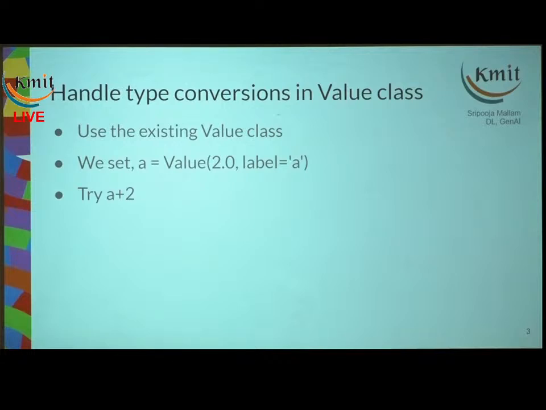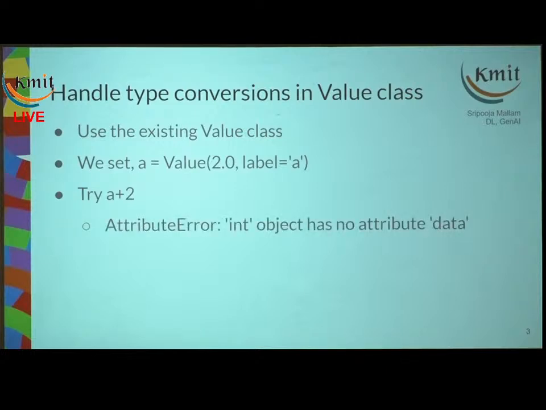I want the complete error message, the last line. Int object has no attribute data. So you all are getting the same error? Yes. Int object has no attribute data. Now try 2 plus A. What do you think should be the output?